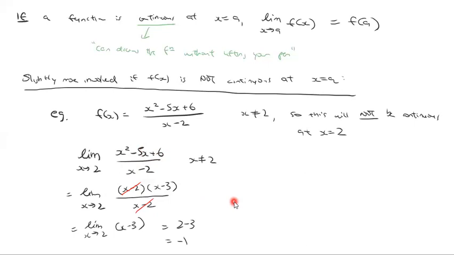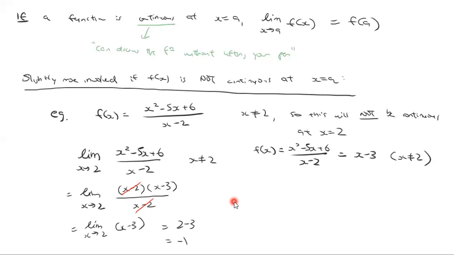So, I'll put this on the same page. Graphically, we've now shown that f of x equals x squared minus 5x plus 6 over x minus 2 is actually just simply x minus 3, where x is not equal to 2.